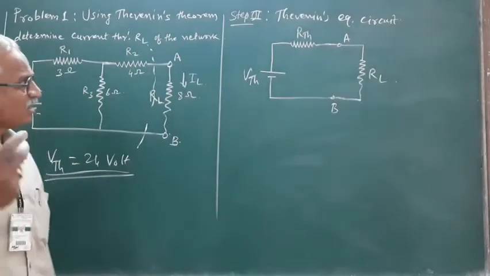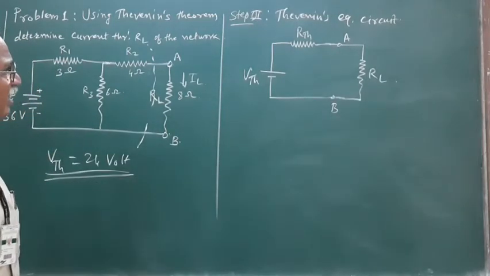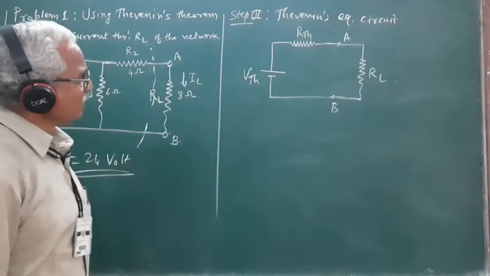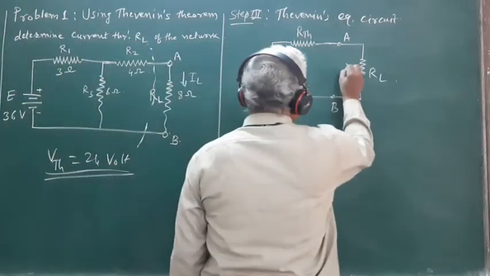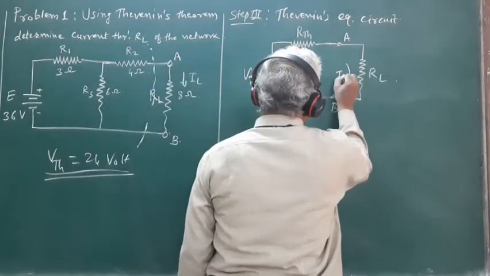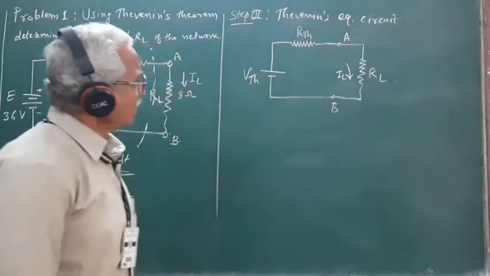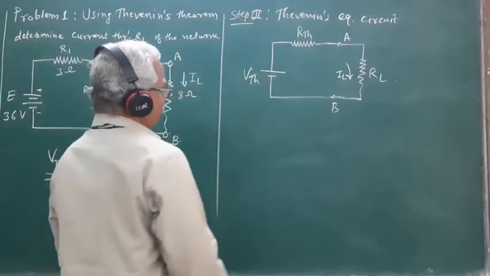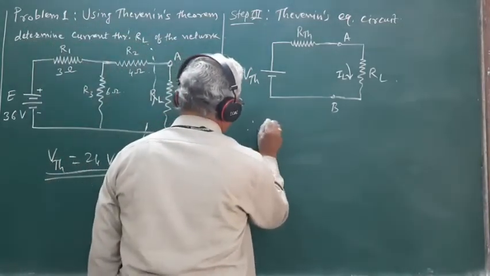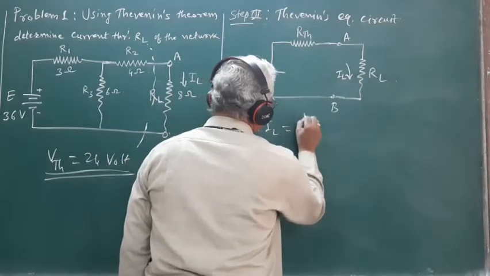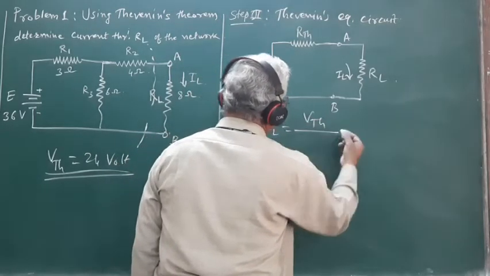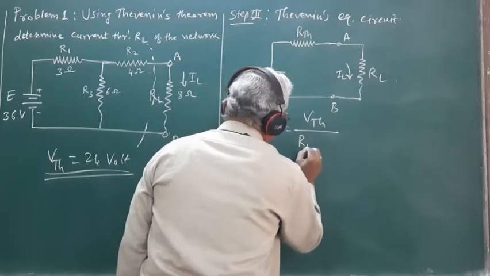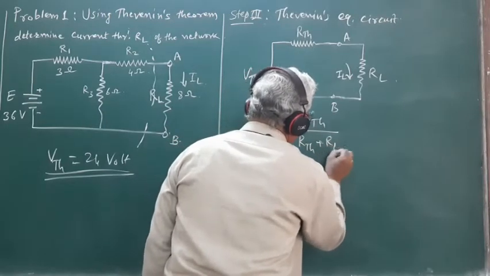We can again reconnect the load resistance RL to the right of the terminals A and B, and now we can find out the current flowing to this load resistance RL as IL is equal to VTH divided by RTH plus RL.